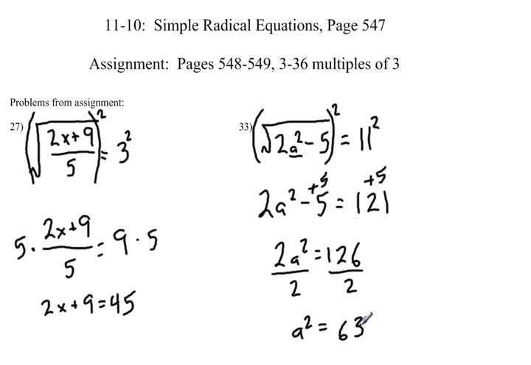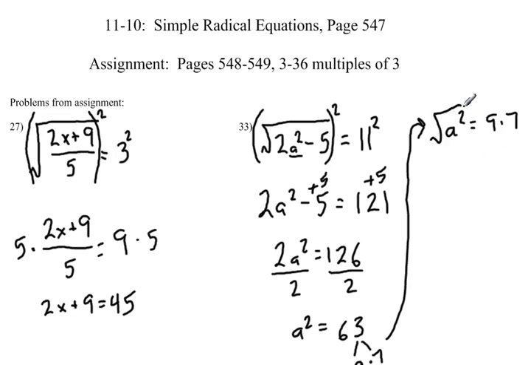Now 63 is not a perfect root. Therefore, we need to break that down into something manageable. Let's see, what can we get out of 63? Remember, you're trying to take out perfect squares, so we're going to take out a 9. 9 times 7. So you have a squared equals 9 times 7.